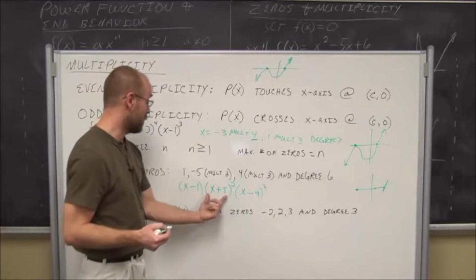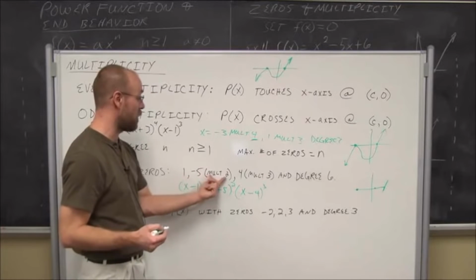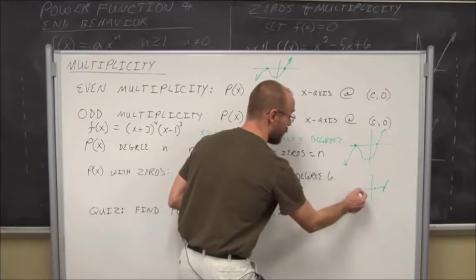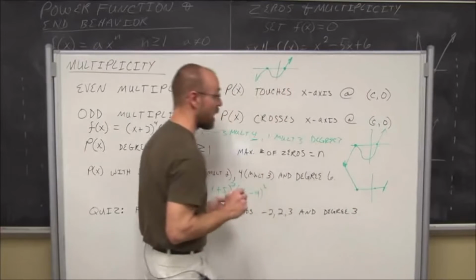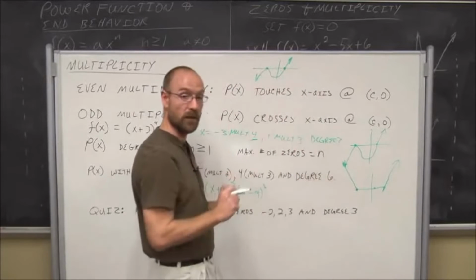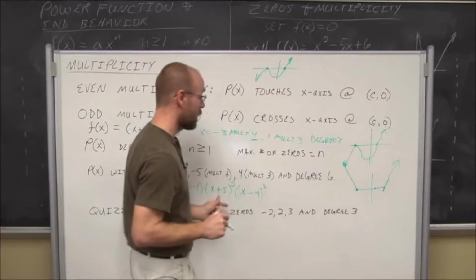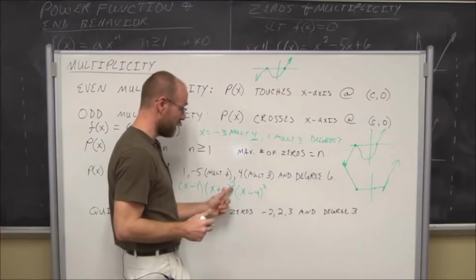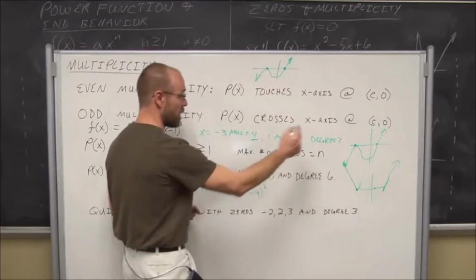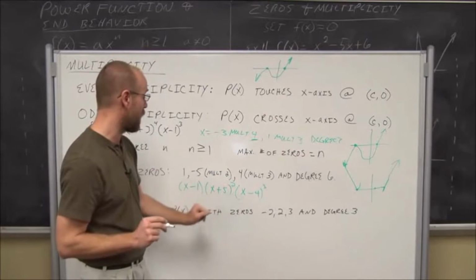What's it doing at the 0 of negative 5? Multiplicity 2 says it just touches it. Its end behavior has to go up, because it's going to be like a parabola going in both directions. But because this is even multiplicity, I know it just touches. So it just comes down and touches the axis at negative 5.